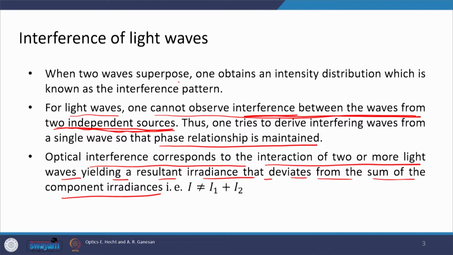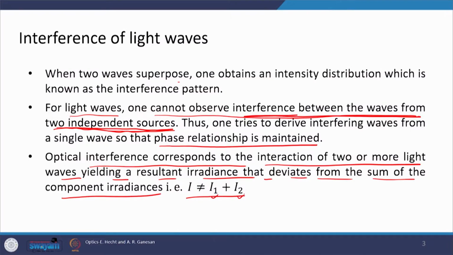Suppose we have two sources which are emanating intensities I1 and I2 respectively, then after interference the resultant intensity will not be equal to I1 plus I2. We know that interference follows the superposition principle, and what the superposition principle says is that the amplitudes of the two waves must be summed vectorially, not the intensities.